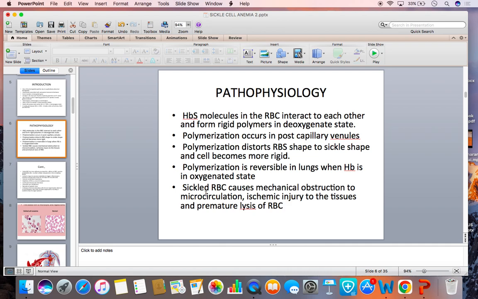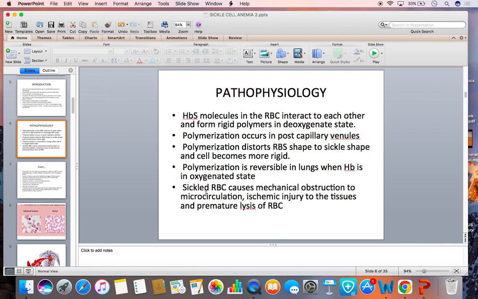So, this is an autosomal recessive disorder due to a point mutation in the gene controlling the beta chain, thymine replacing adenine at the 6th codon, which results in valine, the amino acid, replacing glutamine at the sixth position in the amino acid sequence of the beta globin chain.